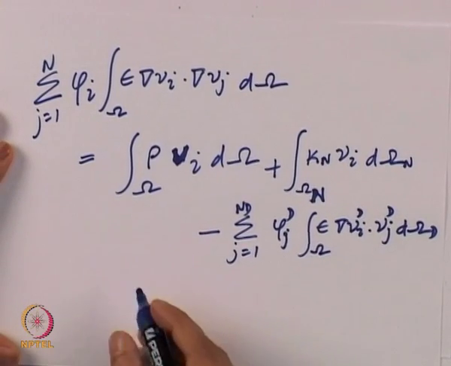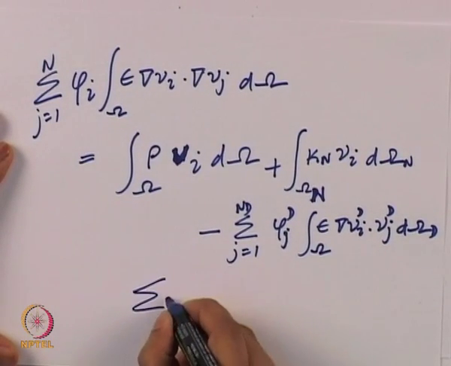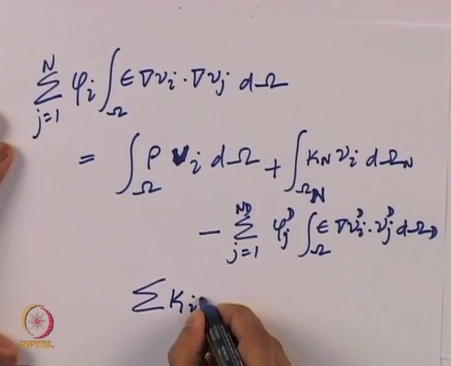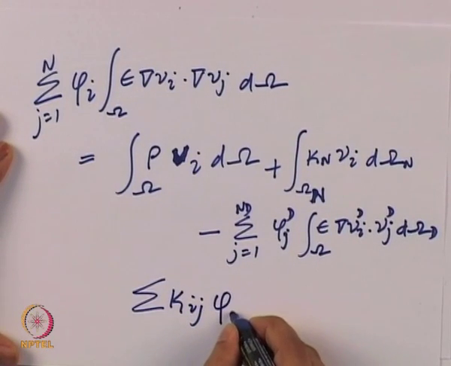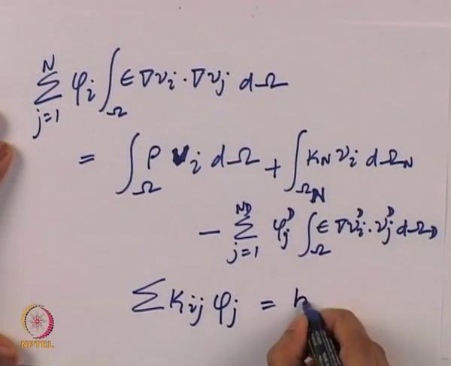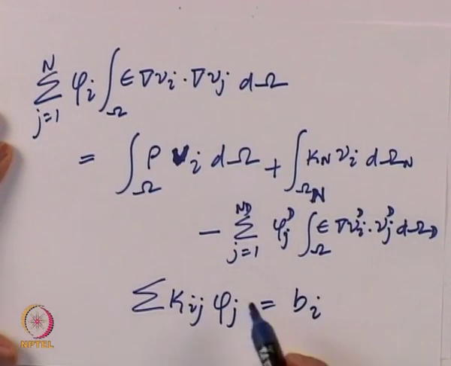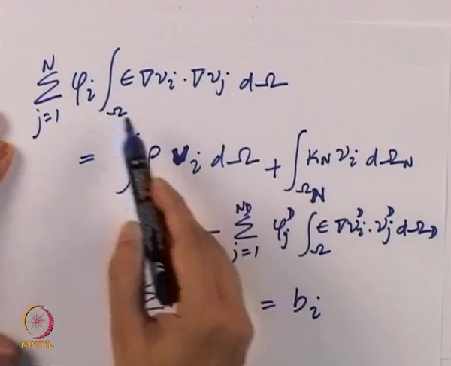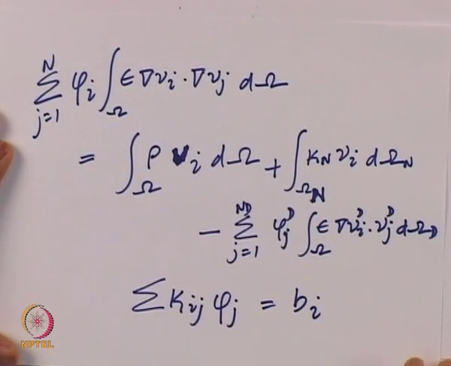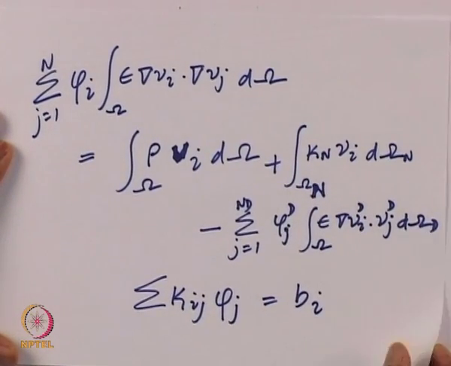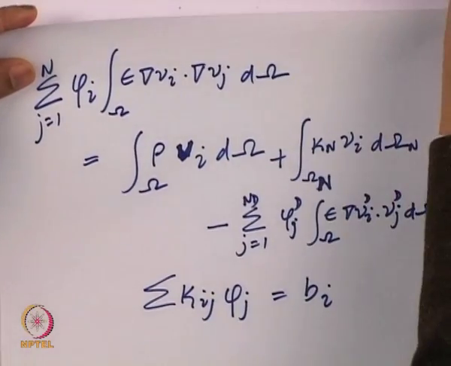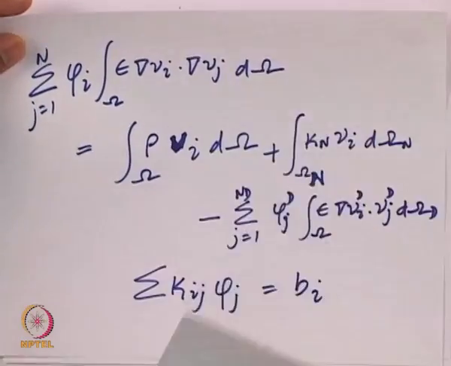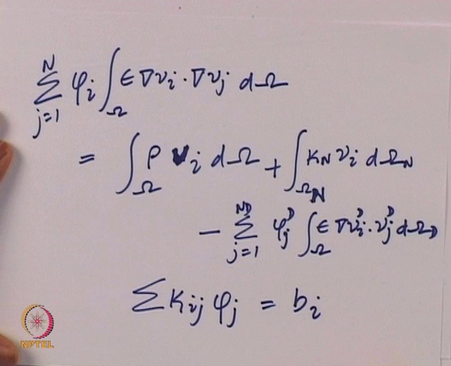This is nothing but the sum of k of i comma j multiplied by phi of j is equal to b of i. So the entire right hand side can be clubbed into b. The phi will be here, and the left hand side can be written as k of i j, where k of i j has to be expanded further, that is what we will do now.